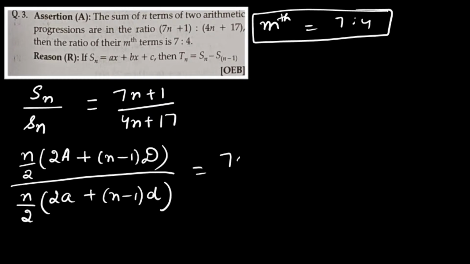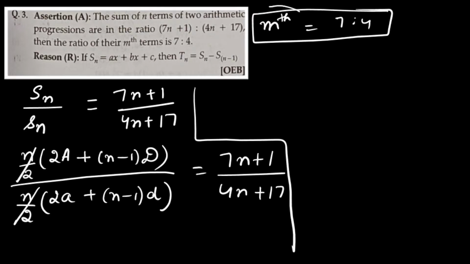So here let it be 7n plus 1 by 4n plus 27. So n by 2 and n by 2 will get cancelled. Other than that, now they are telling us to find the ratio of the mth term. So let's replace n with m. If we replace, what will we get?